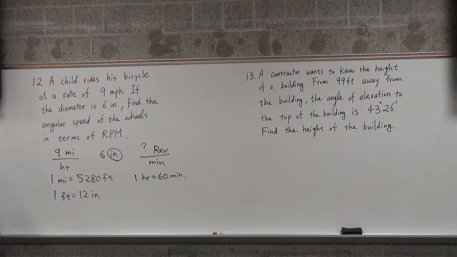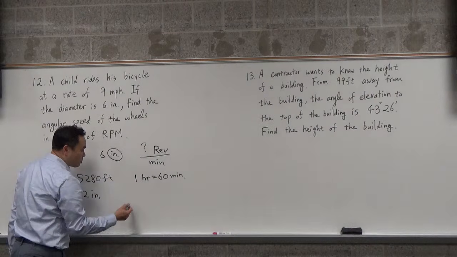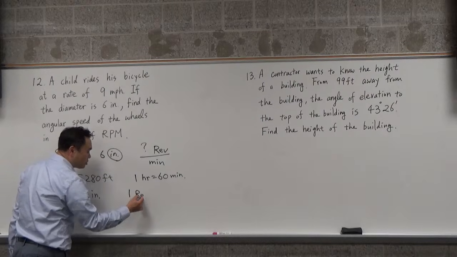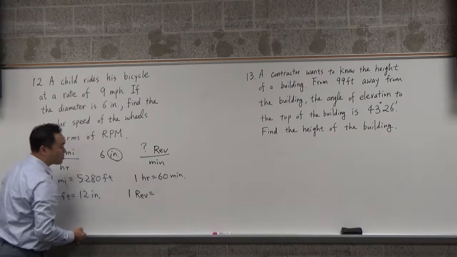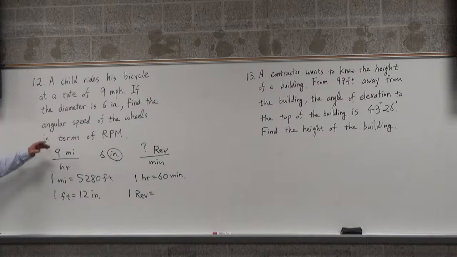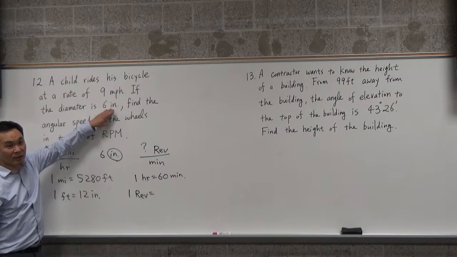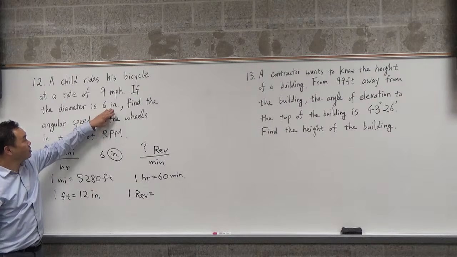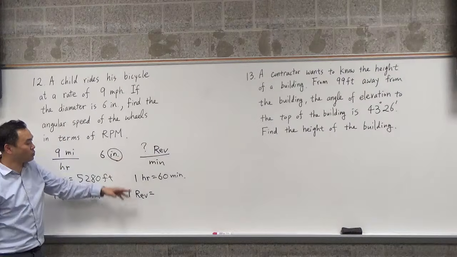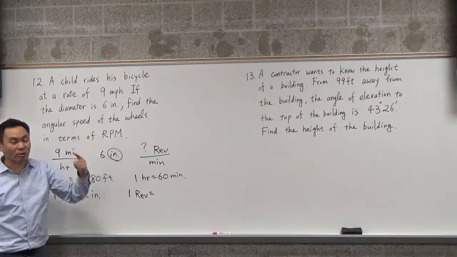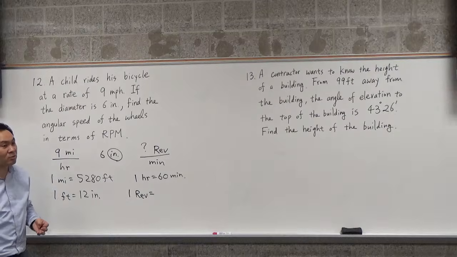And the slightly unconventional one is I need to know what 1 revolution would correspond to in terms of inches, okay? So for that, we have to use this information, right? If the diameter is 6 inches, what's the circumference that corresponds to 1 revolution? How do we get the circumference?